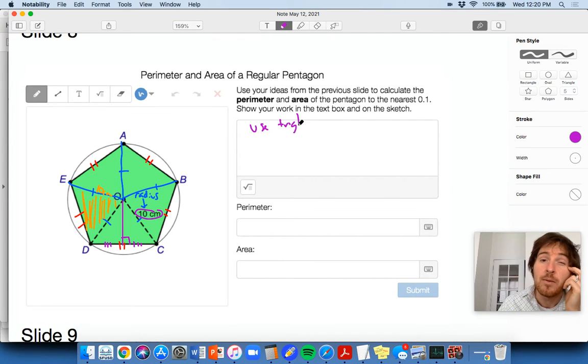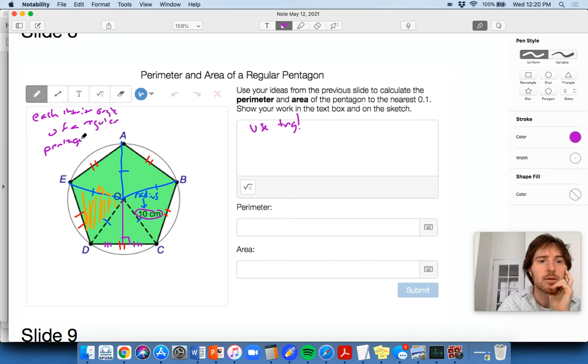Because what did I refresh you guys on yesterday in terms of the classwork? The interior angles of a regular polygon. And what do we know about each interior angle of a regular pentagon? Well, what you studied yesterday is this formula: n minus 2 times 180 over n.